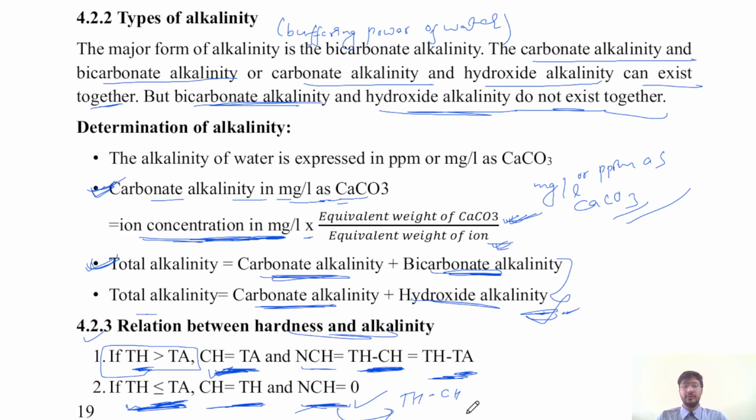If your water has only bicarbonate alkalinity, or carbonate plus bicarbonate, both can exist. If your water has carbonate and hydroxide, both exist. But if your water has hydroxide and bicarbonate, that is not possible.